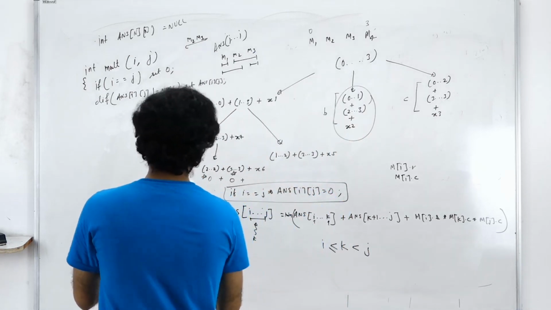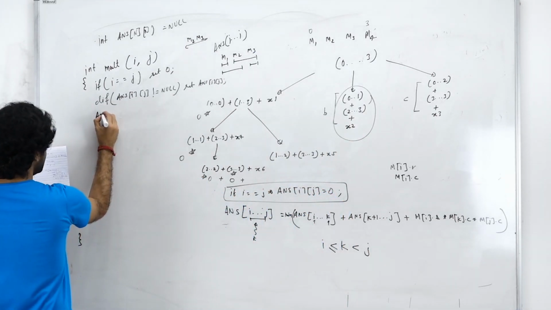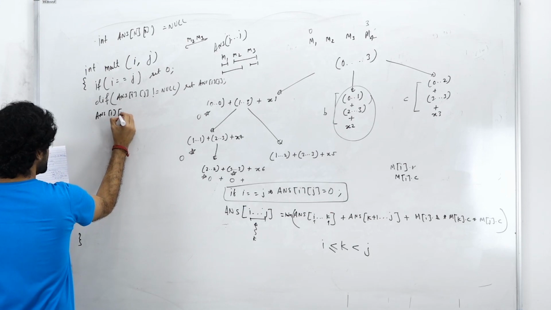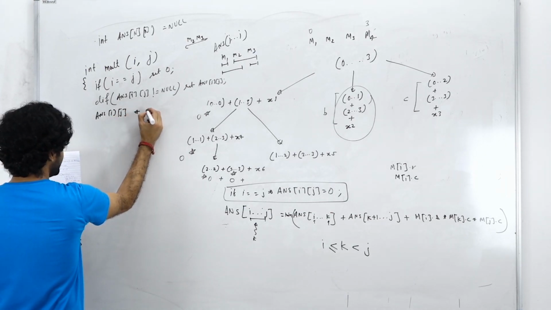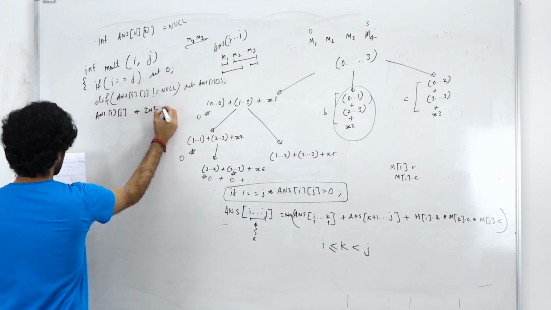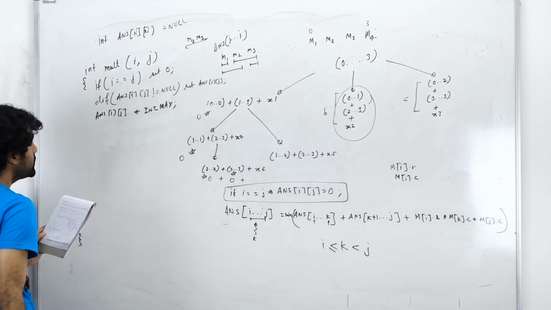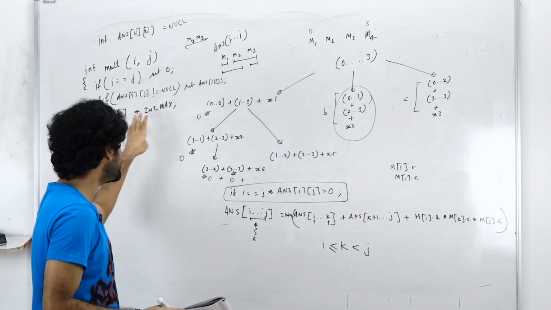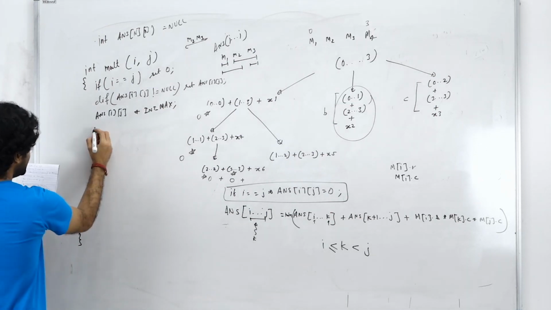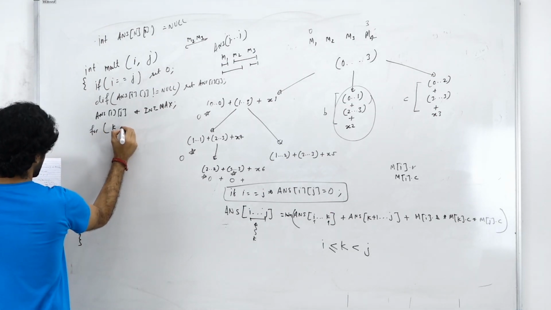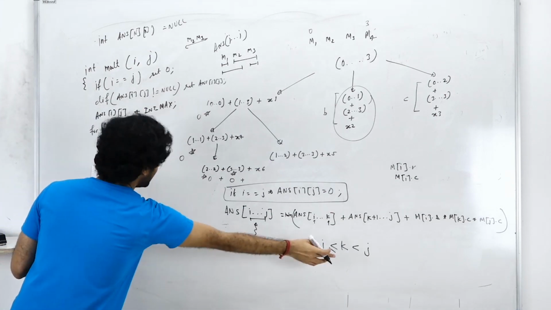So I can initialize my answer ij to a very high value, infinity, because I am interested in the minimum value. And then my k would vary, as I said, from i to j minus 1.